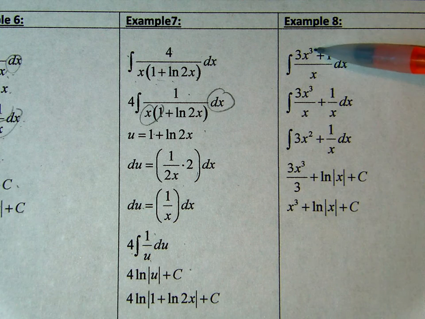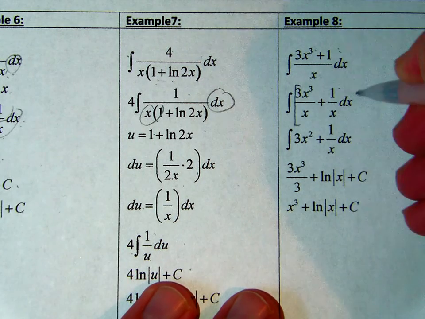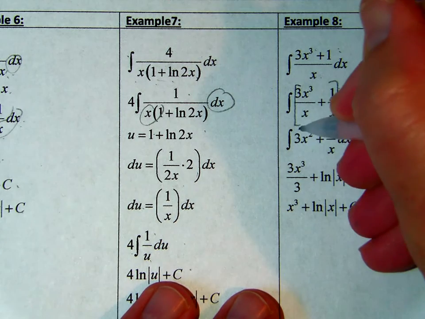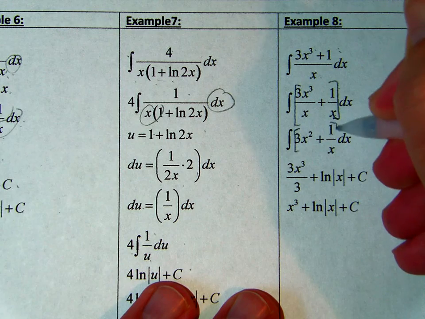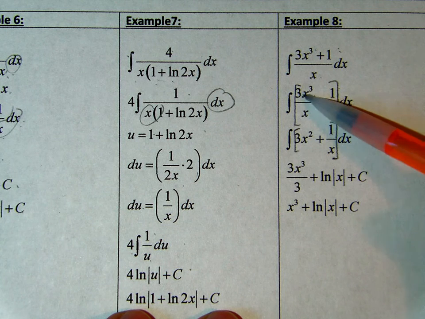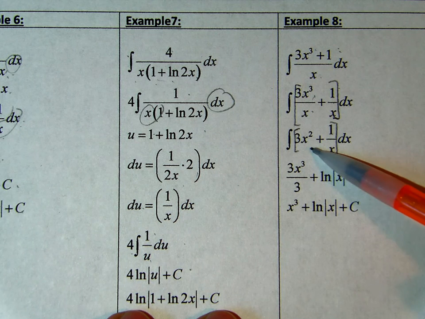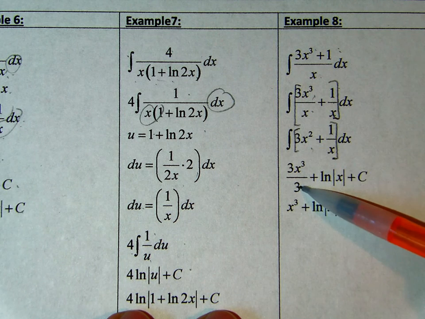So we have 3x to the third, put that over x, 1 over x. Because technically this should be in either parentheses or brackets. Okay, 3x to the third over x reduces to 3x squared. 1 over x we're not going to do anything with. And now for the first part of the integral, that's just regular power rule.